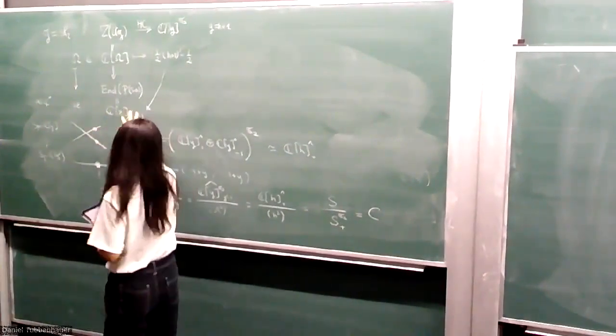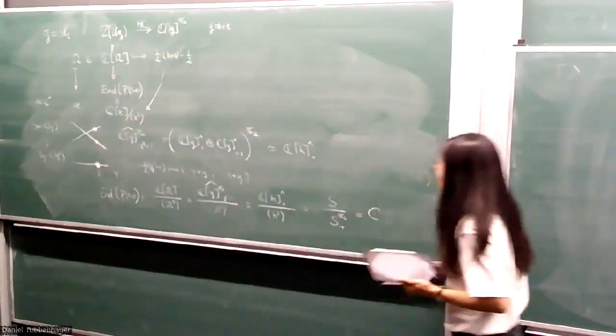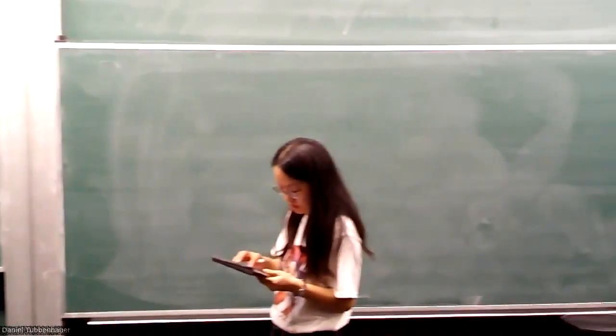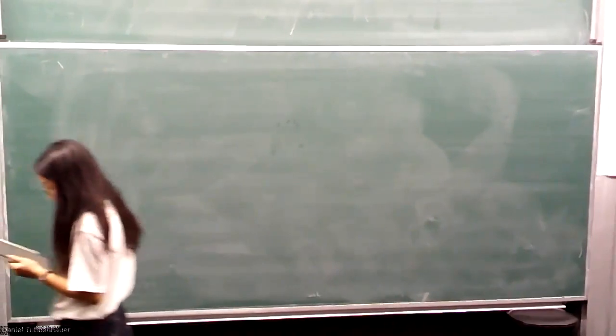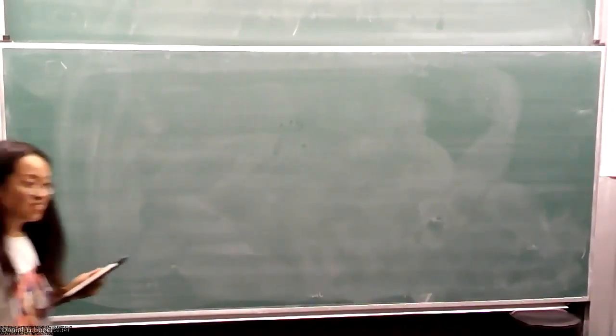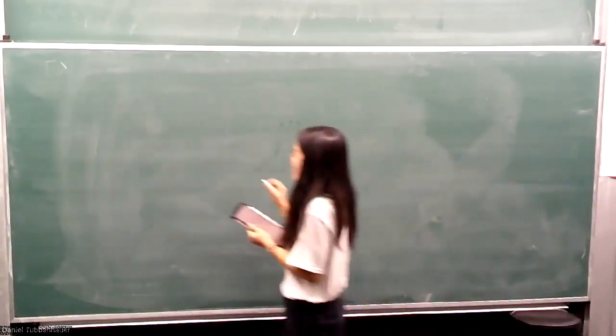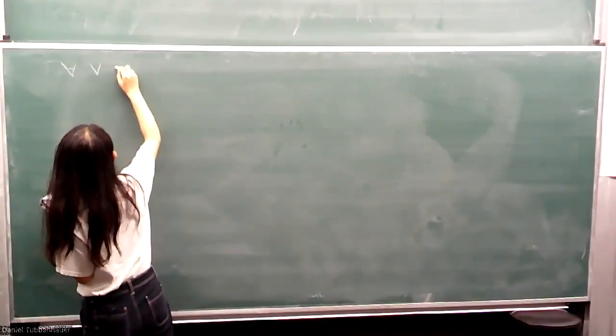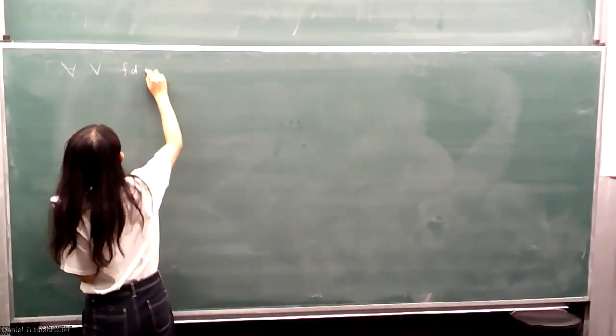And later we'll see that it identifies with the center of the principal block. Today I want to explain a proof of this in general, and we'll use what Alistair taught us 30 minutes ago.